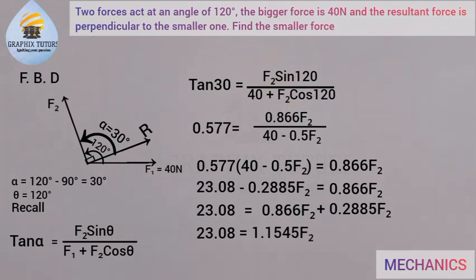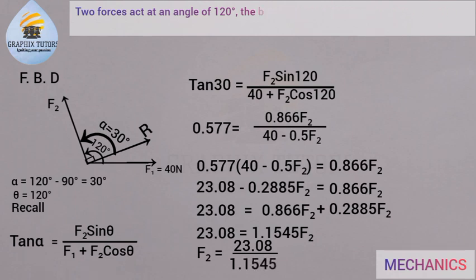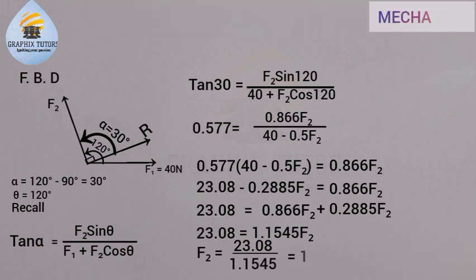Making F2 the subject of the formula, F2 equals 23.08 divided by 1.1545, which gives 19.99, approximately 20 Newton. So the smaller force here is 20 Newton.